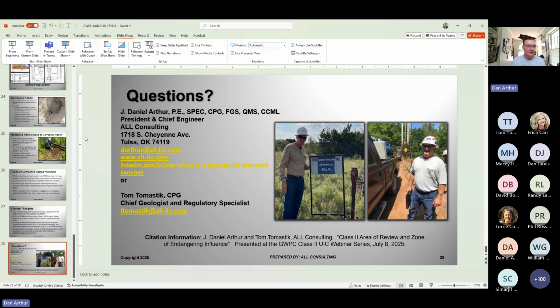So you still need to be cognizant and looking at that, because remember, yes, it's a UIC program under the Safe Drinking Water Act, but you don't want to permit a Class II disposal well where you're injecting and there's a fault, and now you're putting 150,000 TDS water that's impacting a lake, for instance. So you still want to look at this from a broad scope. That's a hard question, but a good one.